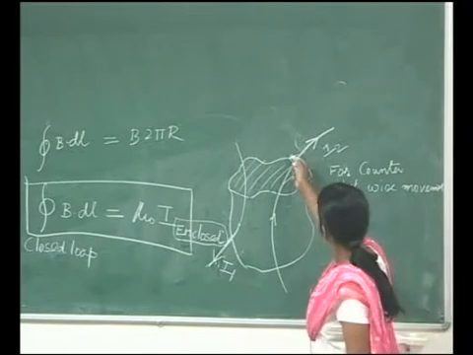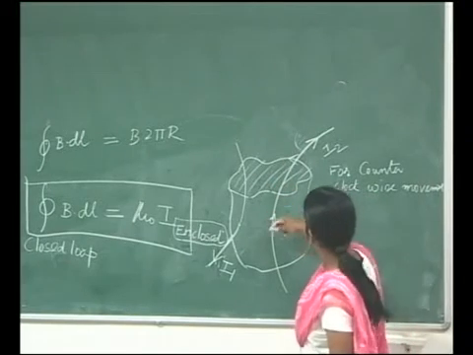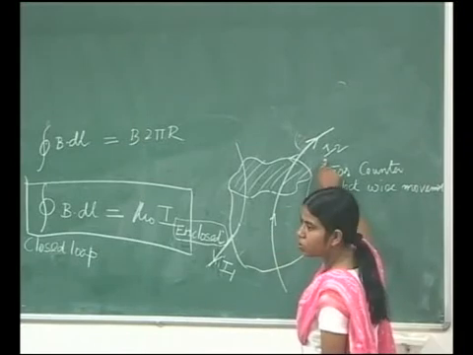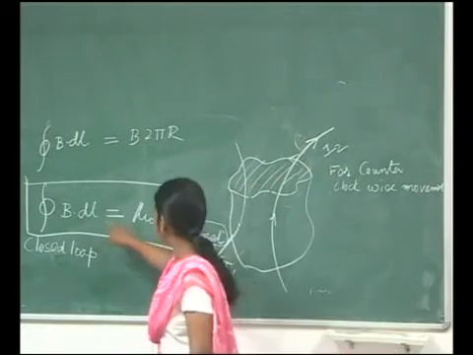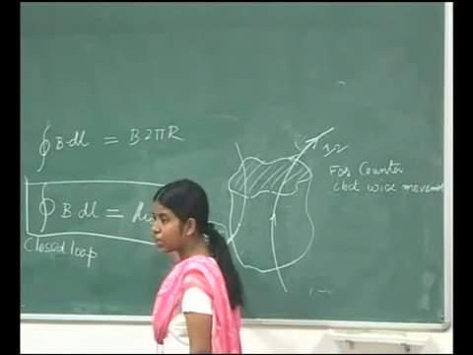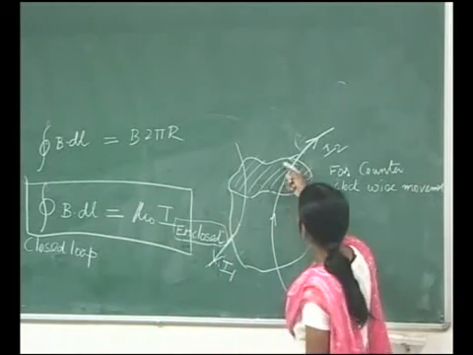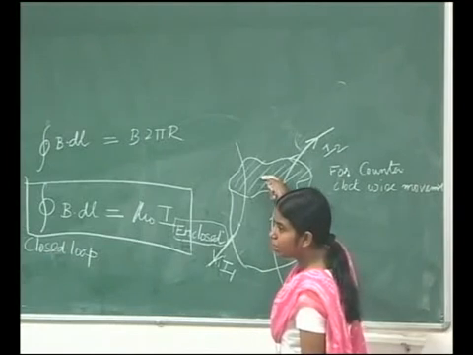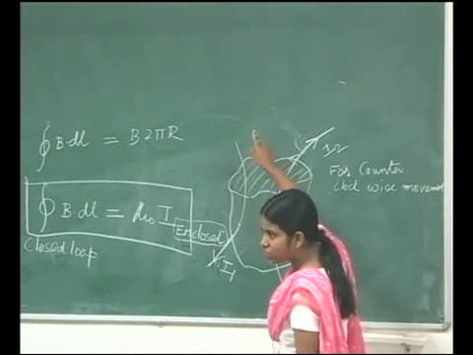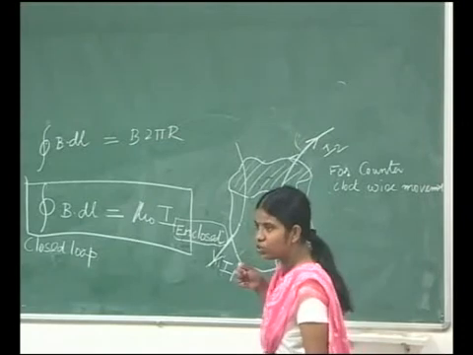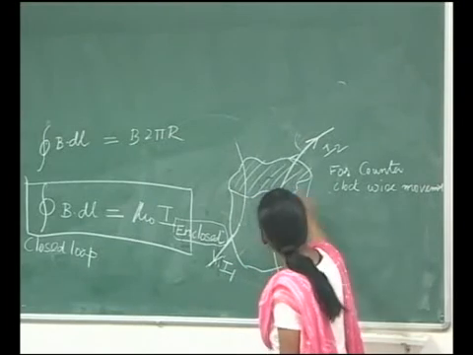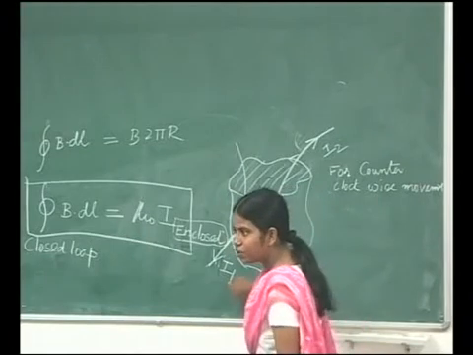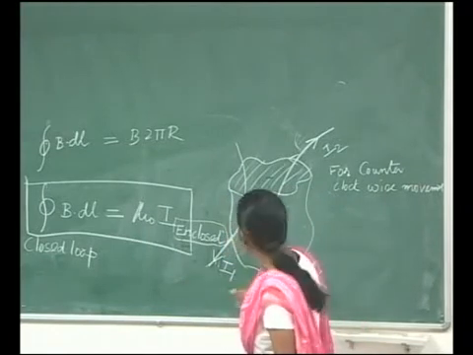So when I am moving in the counterclockwise direction, what would be I1 and I2? I know that B dot dl is mu 0 I. If I am moving counterclockwise, then my current should be in which direction? Upward direction, according to the right hand screw rule. So for counterclockwise movement, I1 is less than 0 because it is opposite, and I2 is greater than 0.